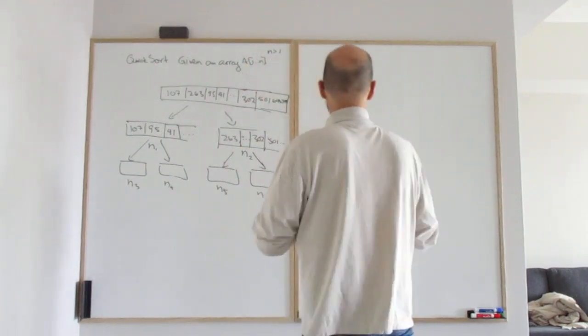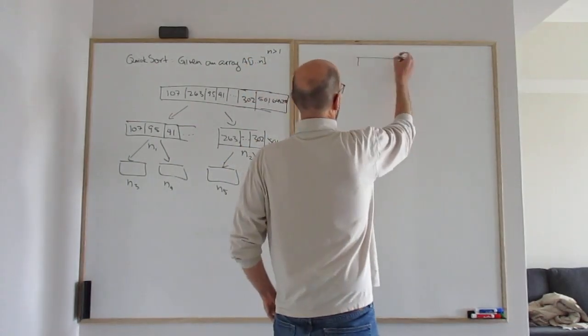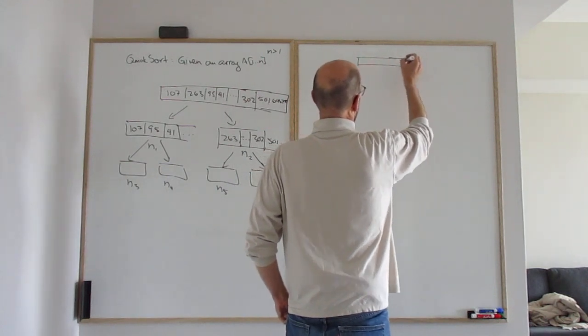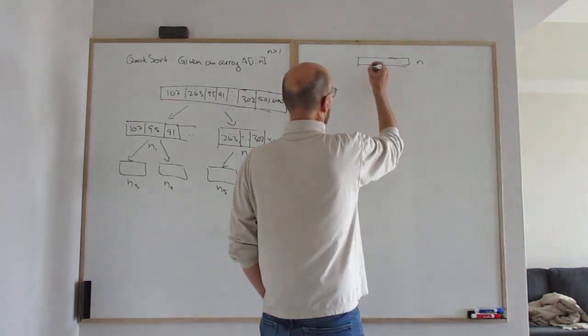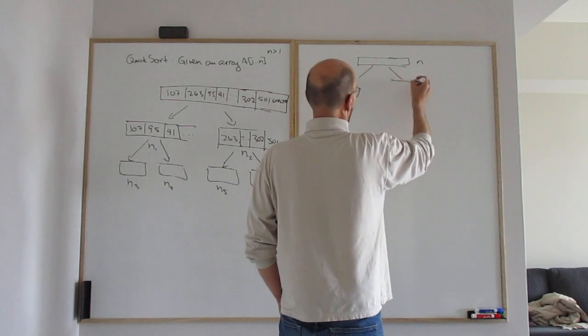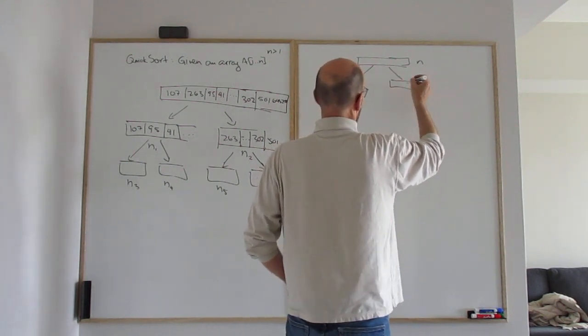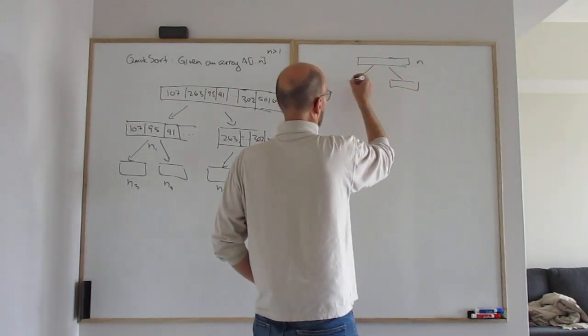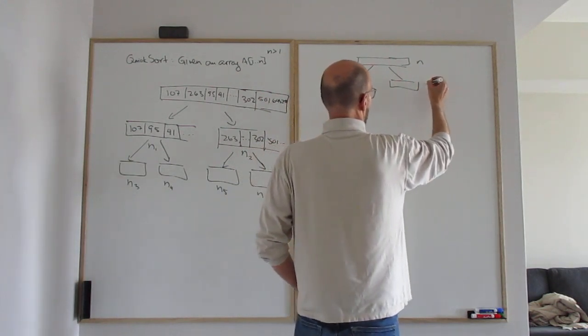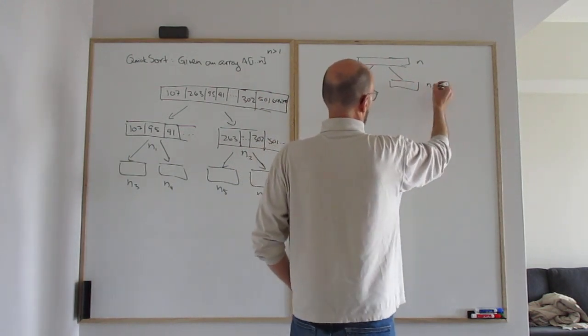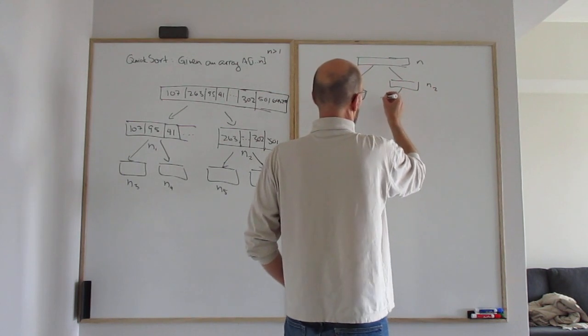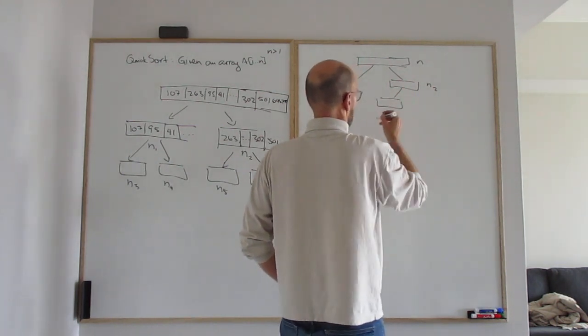So you have the root with n elements, and then this splits, and this is going to be n2, and then this is going to be, whatever.